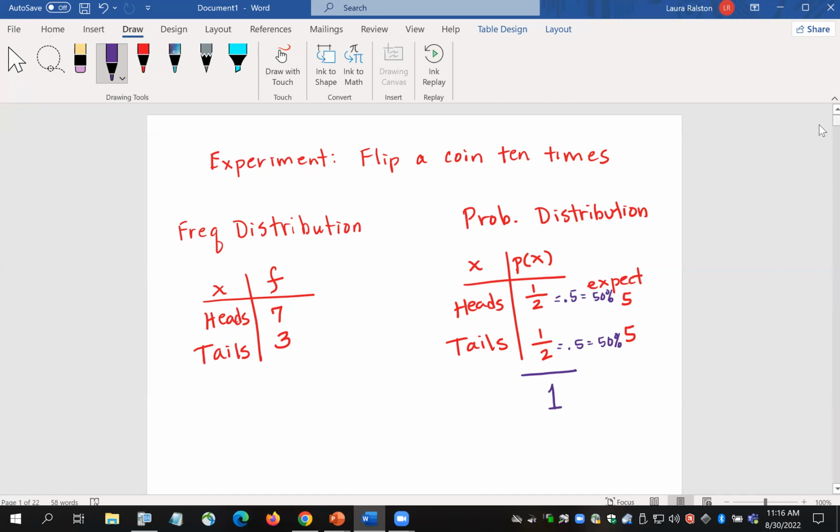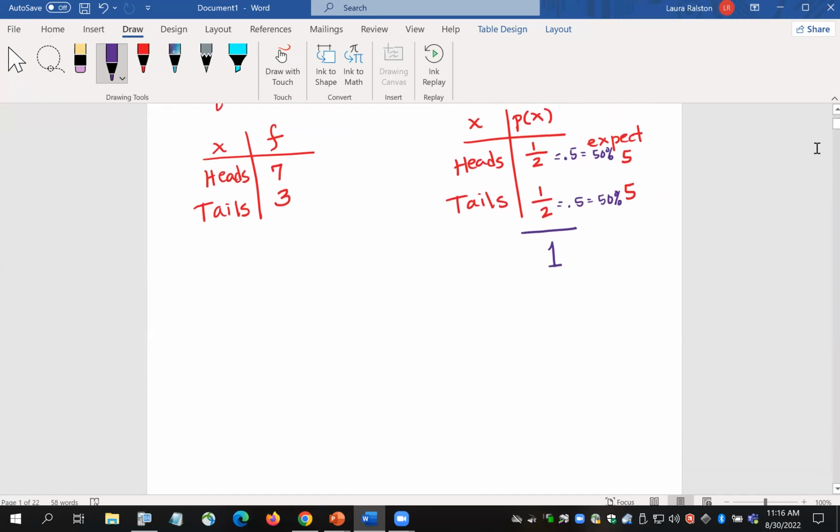Let me remind you, just in case you've forgotten from standard probability, that a probability of 0 means that the event is impossible, that there's no way, no how that a particular event is going to occur. For example, if I were to ask you, what's the probability we're going to roll a 7 on a die?